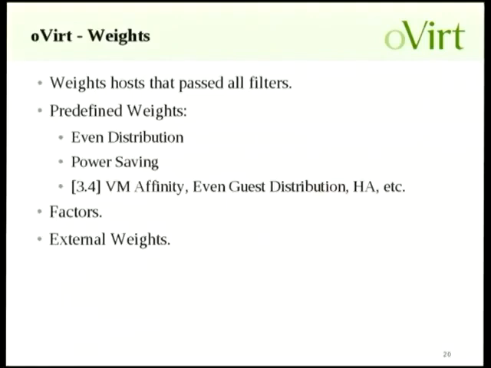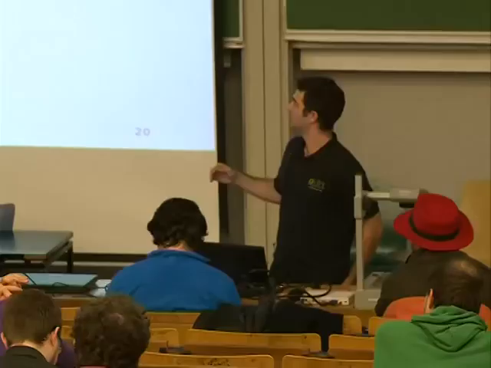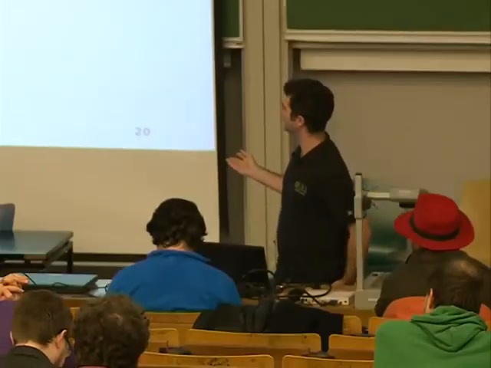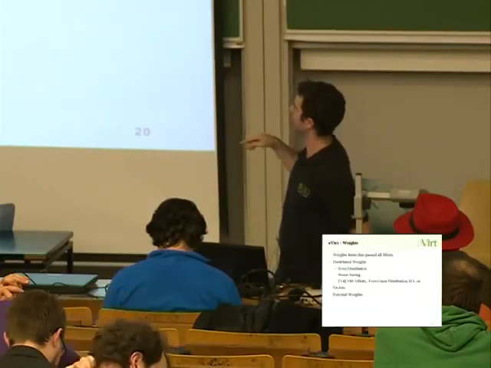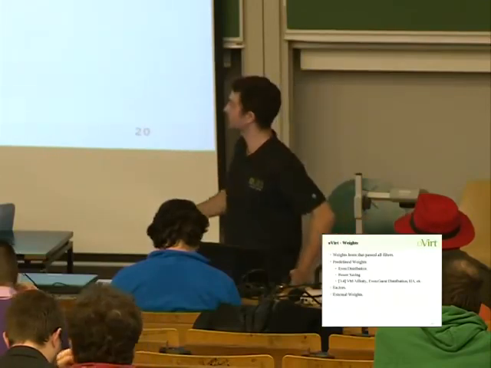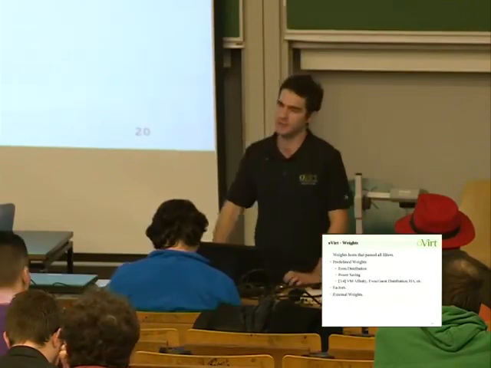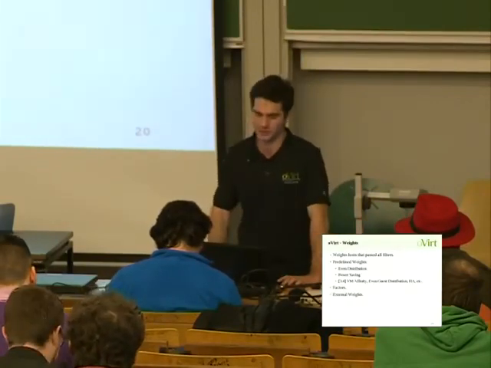Let's talk about the weights. It weighs all the hosts that pass through the filters. We have the predefined weights, where the first two are CPU load weights, and then in 3.4 we added a lot more weight modules, which is kind of easy now because we have the new architecture.